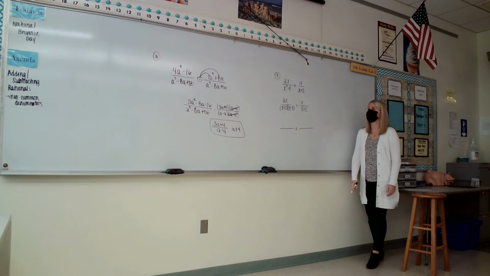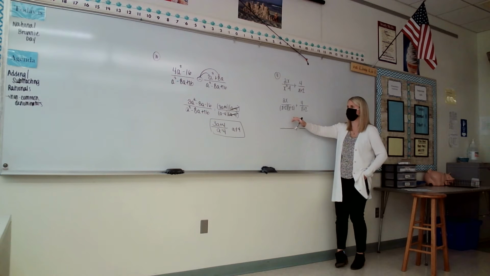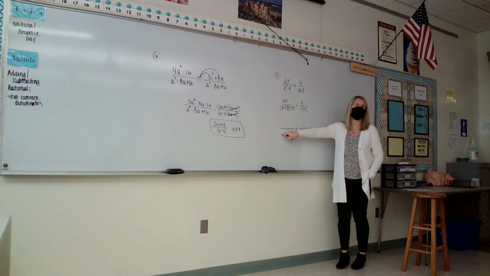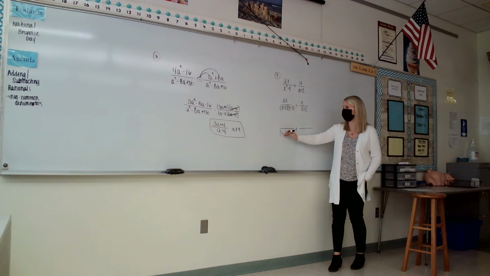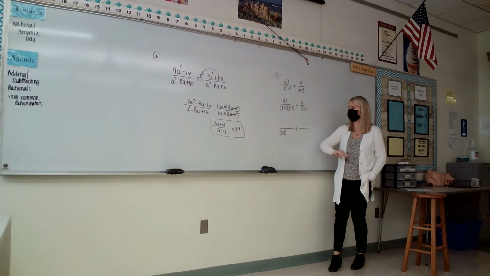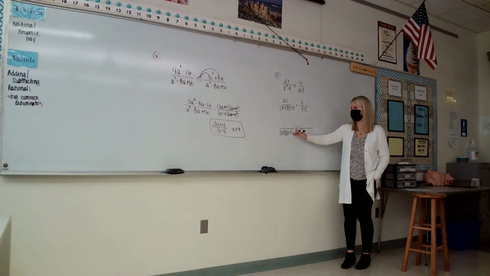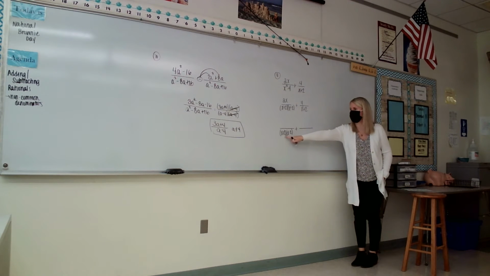Okay. So basically, if I have a term, or in this case a binomial, in my denominator, it needs to be represented in my common denominator. So I have an x plus 2 here. I need an x plus 2 in my common denominator. I have an x minus 2. I need an x minus 2. I have an x plus 2 here, but there was already an x plus 2.